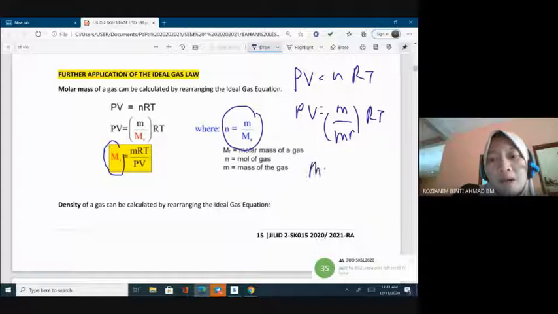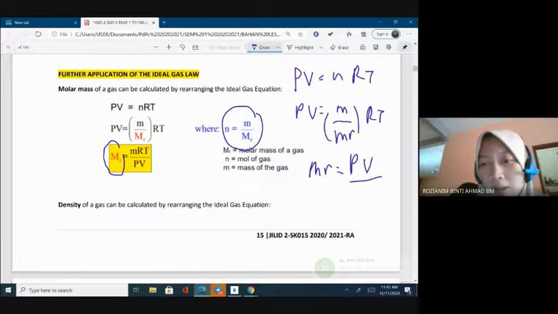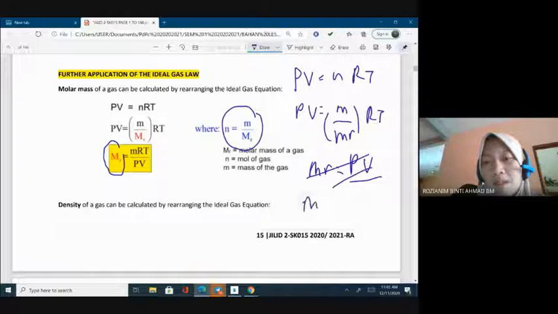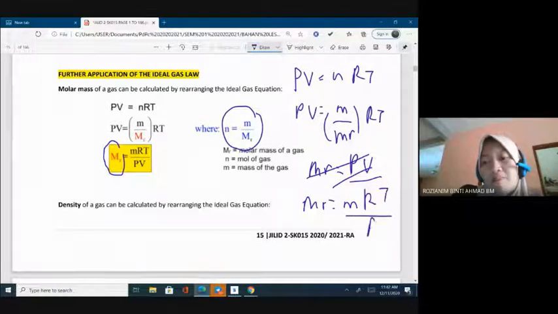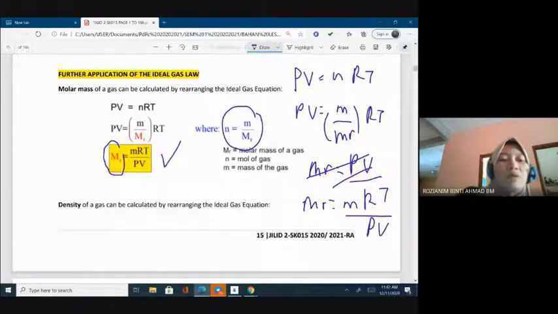We want the molar mass, right? Therefore the molar mass is equal to mRT over PV. This is the final formula we use if we want to find the molar mass.